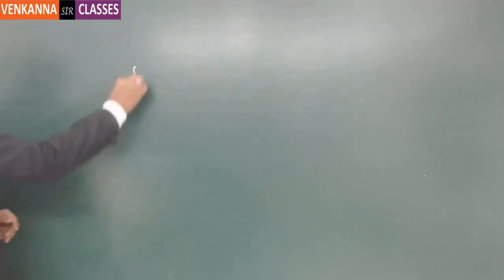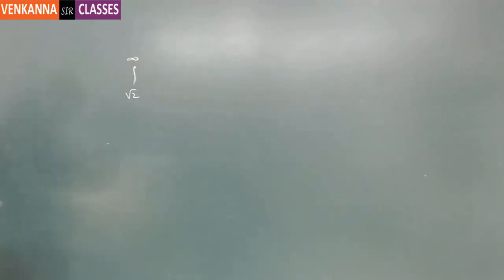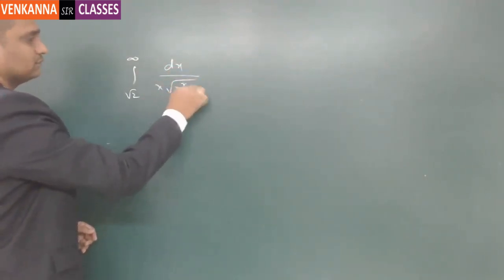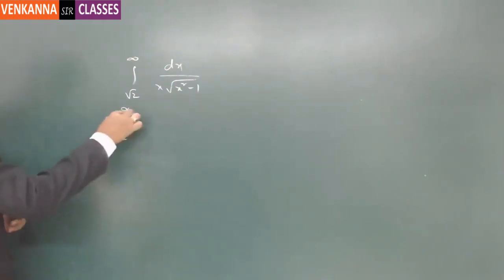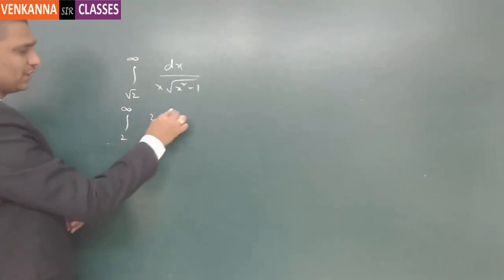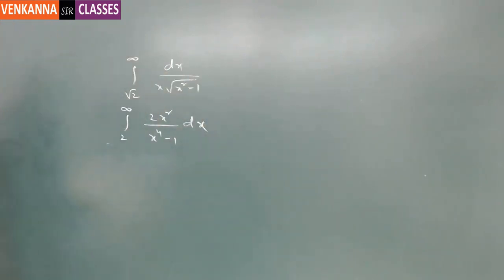So one problem I want to take is, let us say, integral root 2 to infinity dx by x into root x square minus 1. Another one is integral 2 to infinity 2x square by x power 4 minus 1. Let us consider these two problems once.